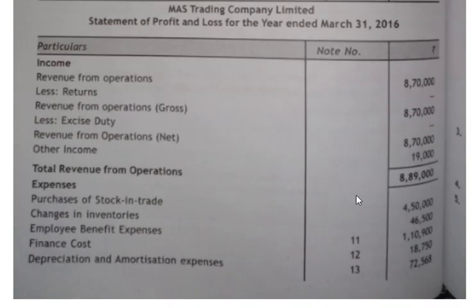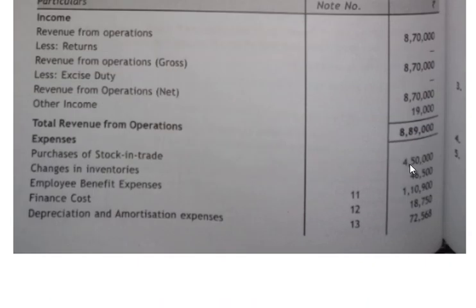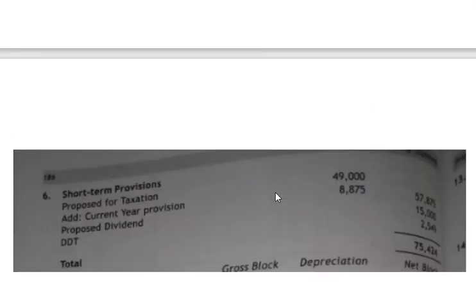Okay, this other income is nothing but your commission received. Next you have your expenses. Your purchases of stock in trade, which is 4,50,000. Changes in inventories, opening inventories minus closing inventories is 46,500. Employee benefit expenses, so we'll look into the working notes.